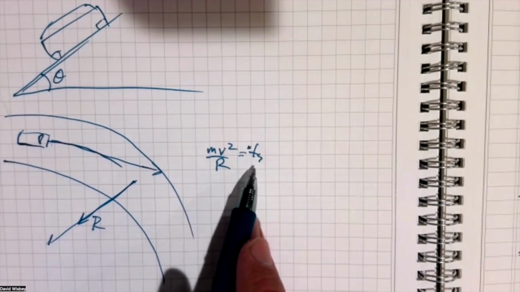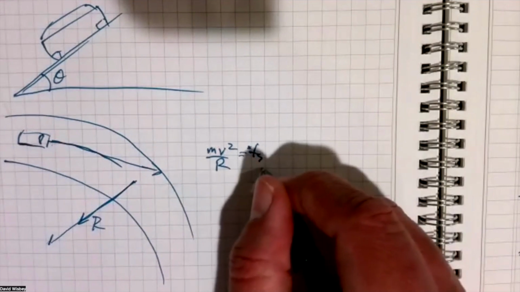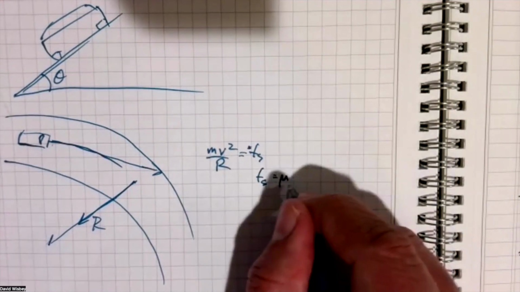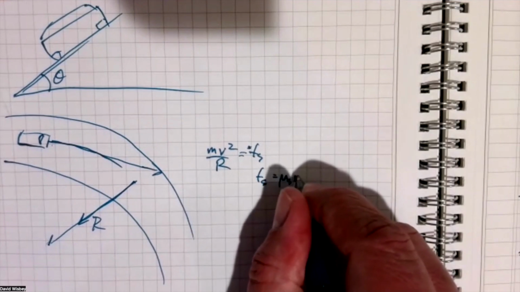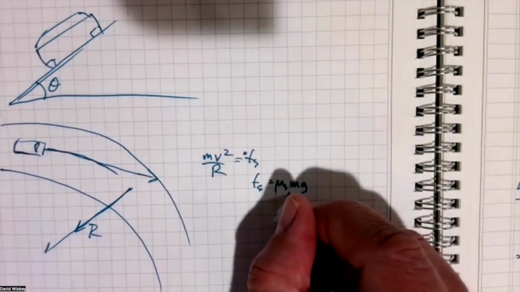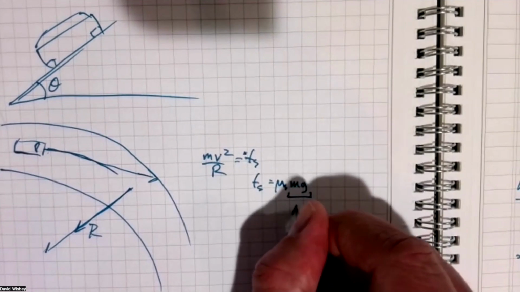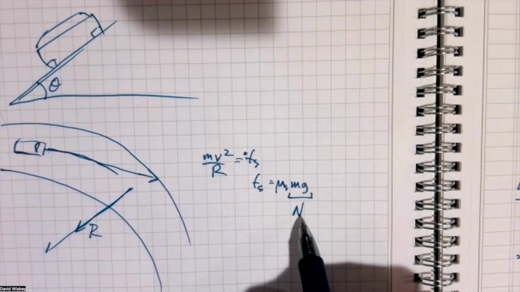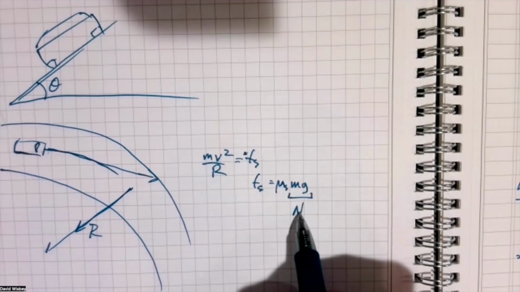F_s is going to equal the coefficient of static friction times the normal force. Our normal force, N, is right here, and that is how much the road is pushing up on the car.